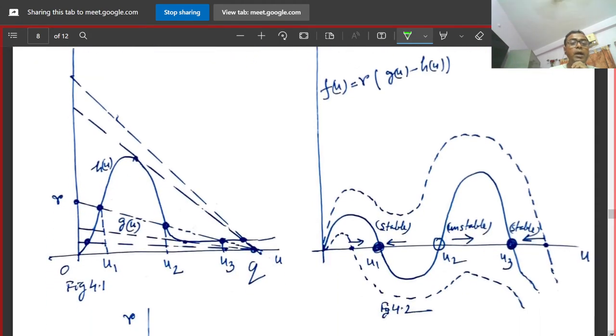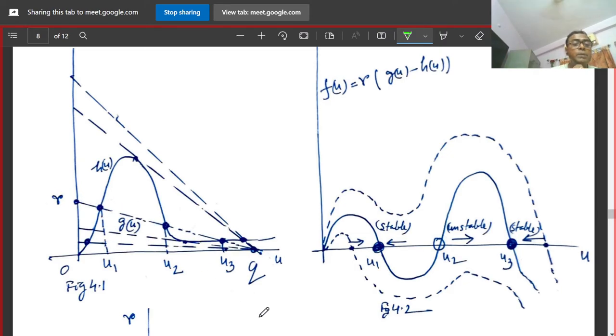So here we draw the graph, and from the second graph we get the phase portrait in different cases. In the first case, h(u) is the curve, and this is the straight line g(u).